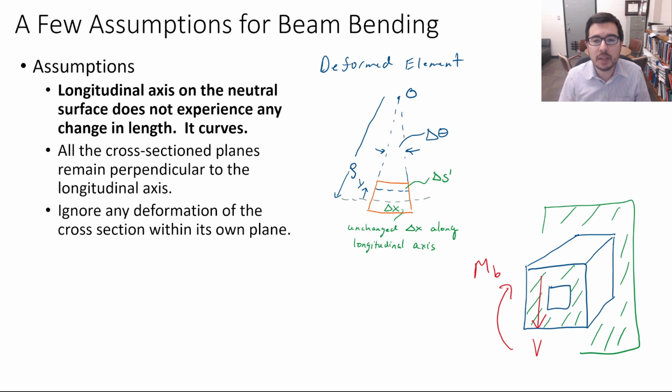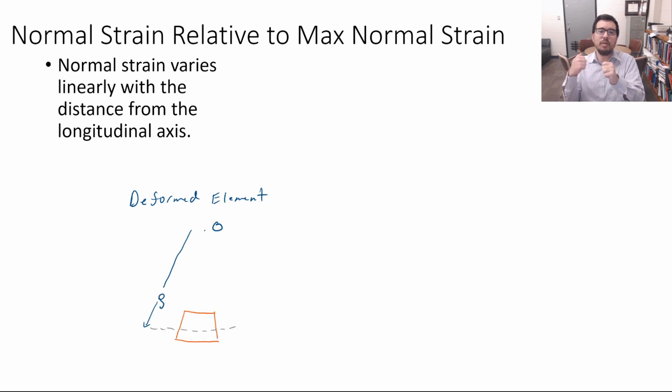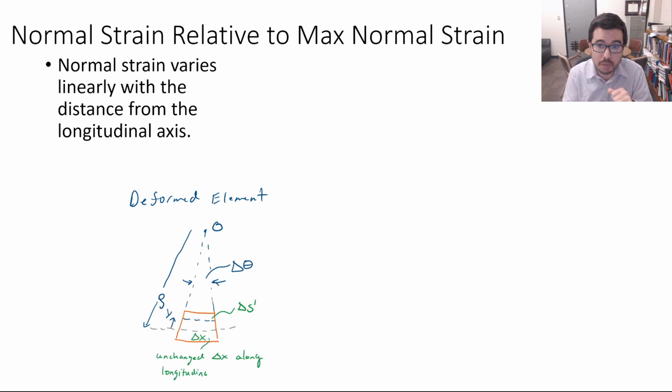Now, what do we want to do? We would like to keep this negative y over rho relationship in mind. And we don't have something that really relates to our applied moment at this point, but we can think about the strain as being a maximum at a given location and a minimum at the longitudinal axis.